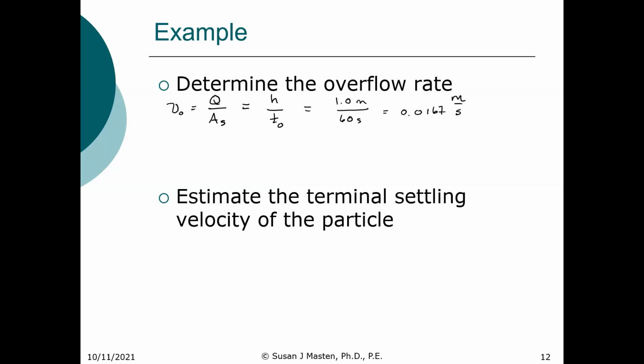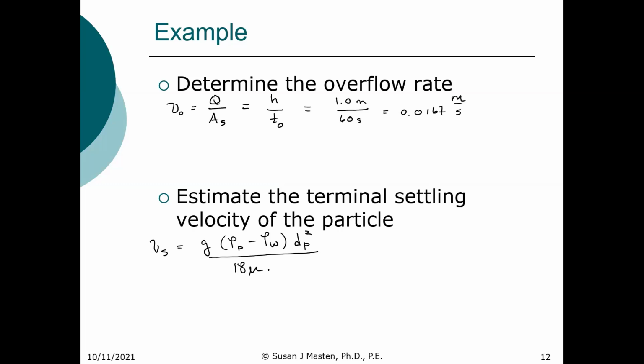Okay, the terminal settling velocity is equal to g times the difference in the density of the particle and the density of the fluid times the diameter of the particle squared divided by 18 mu. Now, this is Stokes' law, but there are several assumptions in this version of Stokes' law.